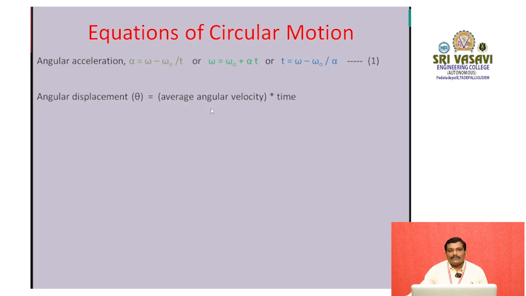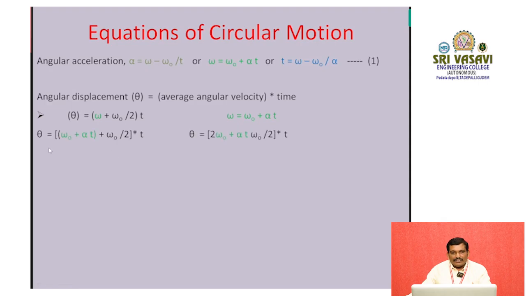Angular displacement theta is equal to average angular velocity into time, that is final angular velocity plus initial angular velocity by 2, into time t. Here omega is equal to omega naught plus alpha t. Then theta is equal to omega naught plus alpha t plus omega naught by 2, into t. Then theta is equal to 2 omega naught plus alpha t by 2, into t. Then theta is equal to omega naught t plus half alpha t square.